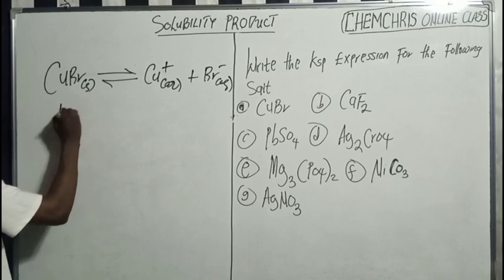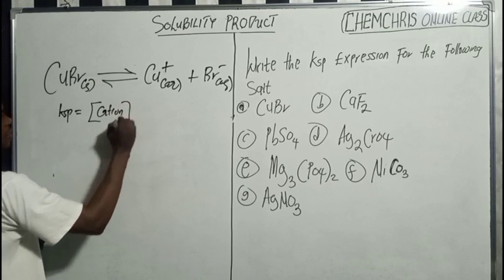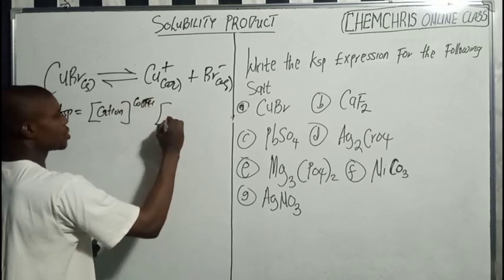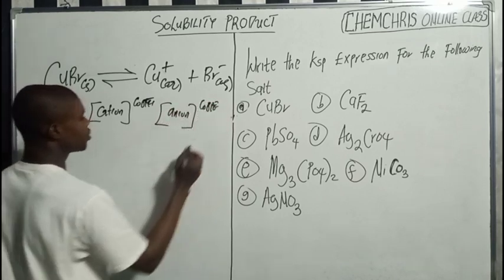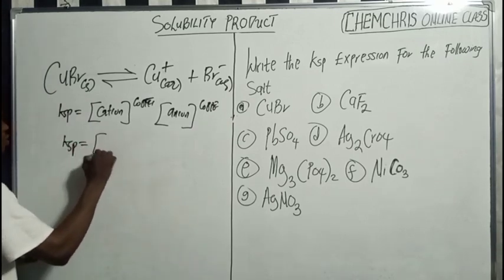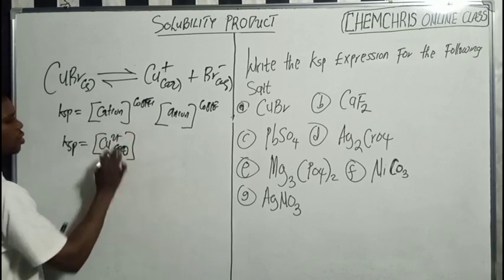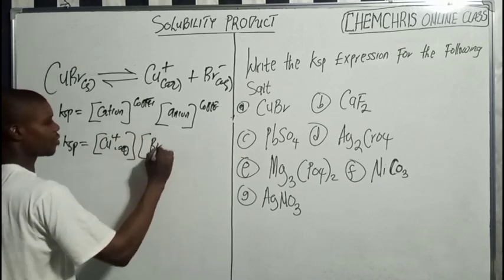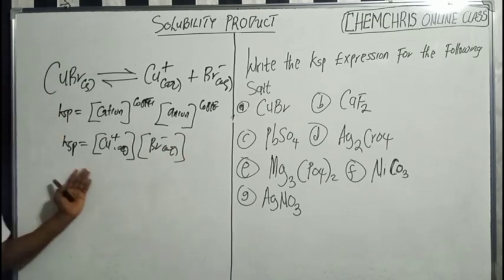Remember that Ksp equals the concentration of the cation raised to its coefficient, times the concentration of the anion raised to its coefficient. So my Ksp is going to be the concentration of Cu plus aqueous times the concentration of Br minus aqueous. That is it. This is the Ksp expression.